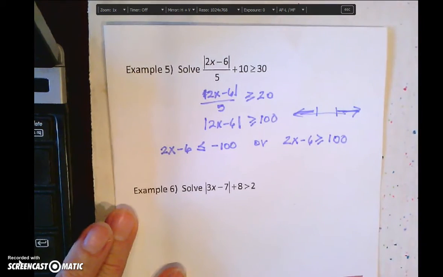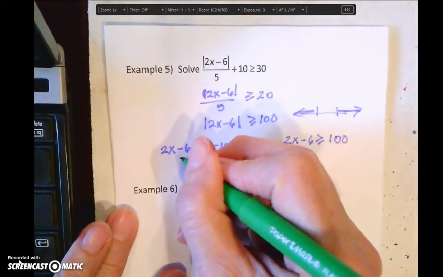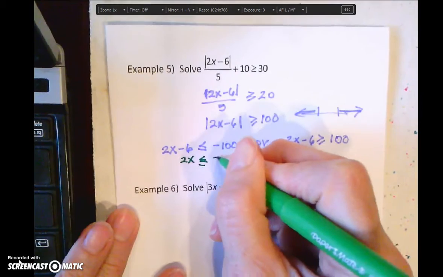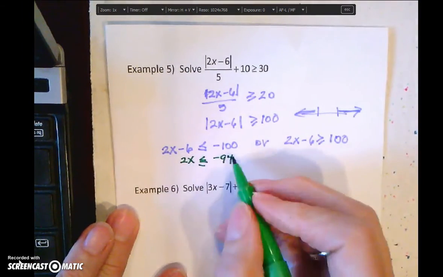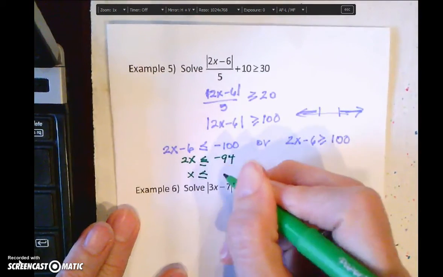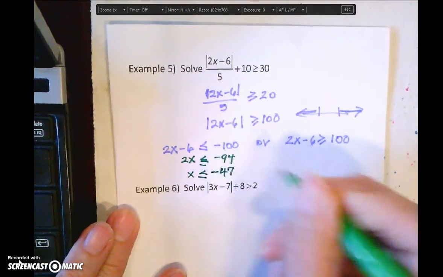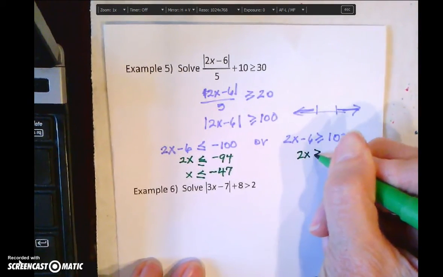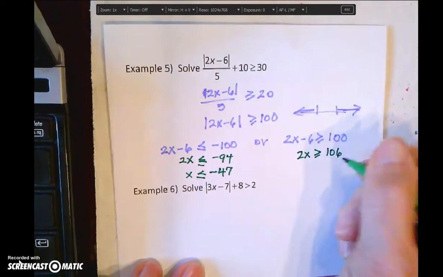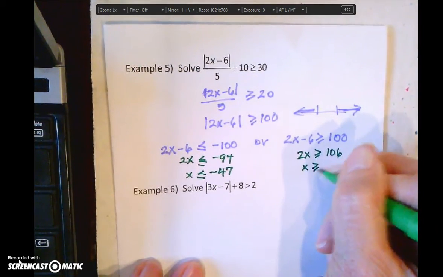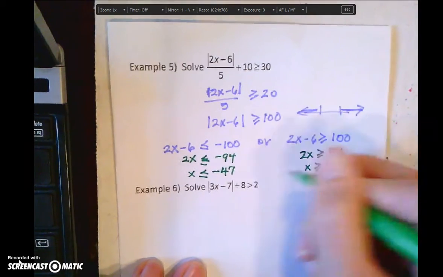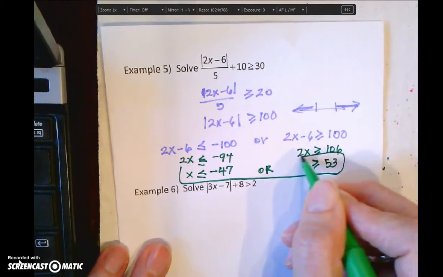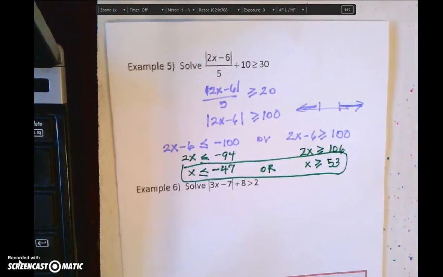To solve it, we're going to add 6 on both sides, so that's going to give me 2x is less than or equal to negative 94, and then divide by 2, and I get that x is less than or equal to negative 47. And over here, when I add 6, I get that 2x is greater than or equal to 106, and then divide by 2, so x is greater than or equal to 53. And I've got this or in the middle. And here is my answer right here.